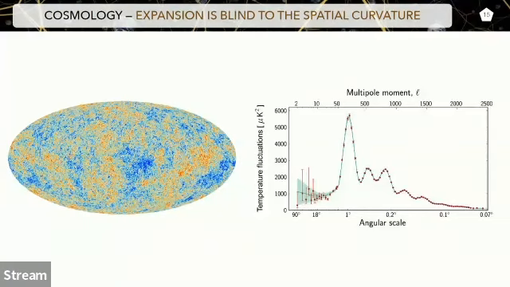What this translates into in this spectrum, where on the x-axis we have the angular scale, and here on the left corresponds to the biggest scale, is this modification. If the curvature is positive, basically the whole spectrum is shifted to the left. If the curvature is negative, it's shifted to the right, to the smallest scales. And so by measuring precisely where those spikes are, we can measure the, let's say, geometrical spatial curvature.